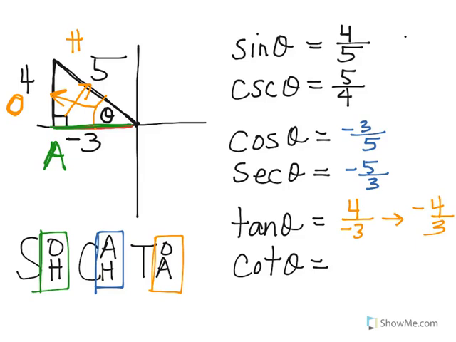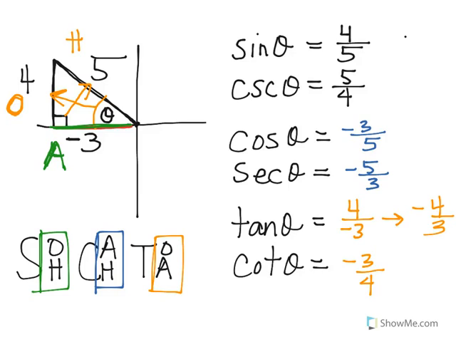These are equivalent. It doesn't matter where the negative sign is, so that is your choice. And cotangent theta is the reciprocal of tangent theta, so cotangent theta would be negative 3/4. Again, notice that we're flipping the numerator and denominator, but the negative remains in the answer.